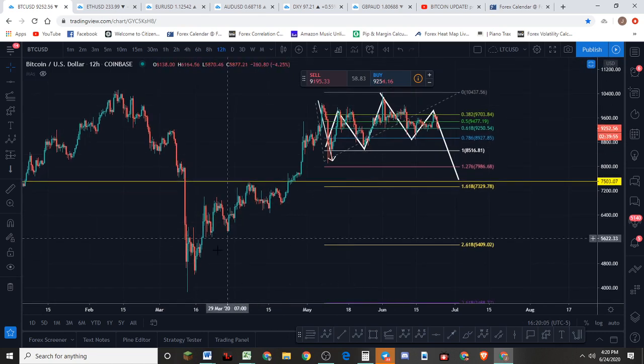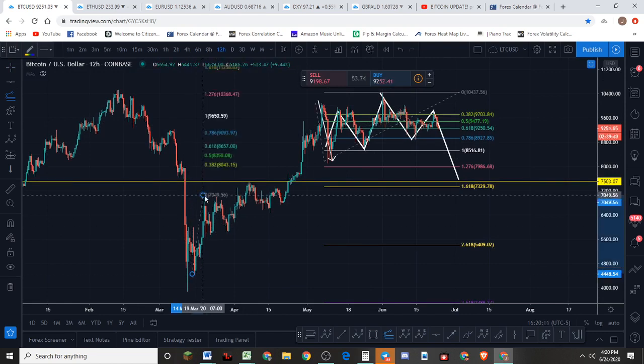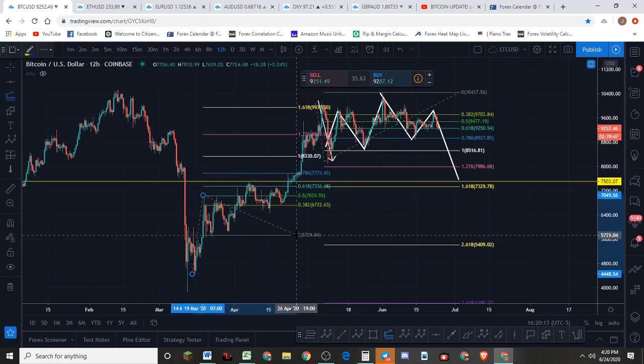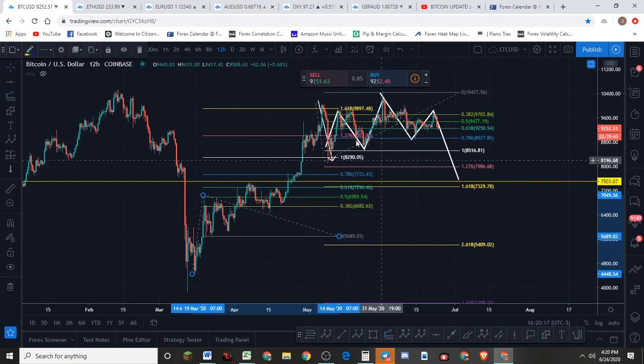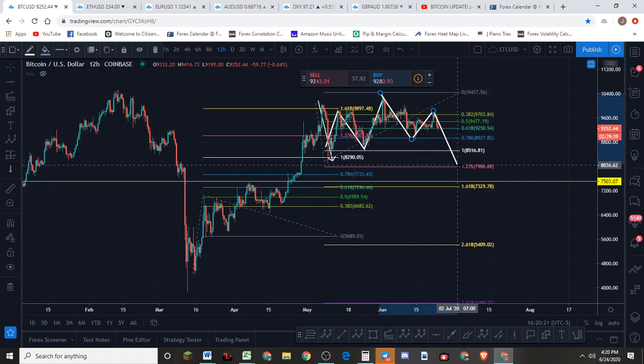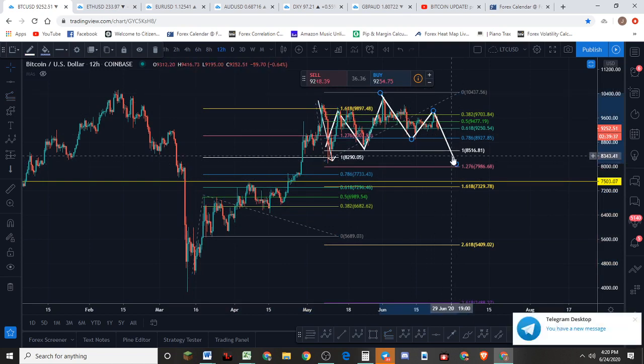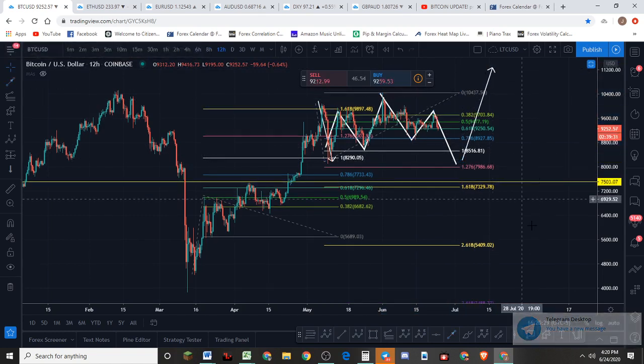Or we have a five-wave move here. Do we have a five-wave move here? Or this is the fourth wave. So we're actually making the fourth wave that should come here to this $8,000 range. Once it comes down to the $8,000 range, we're going to have one more push to the upside, like so, and then that'll be our fifth wave.